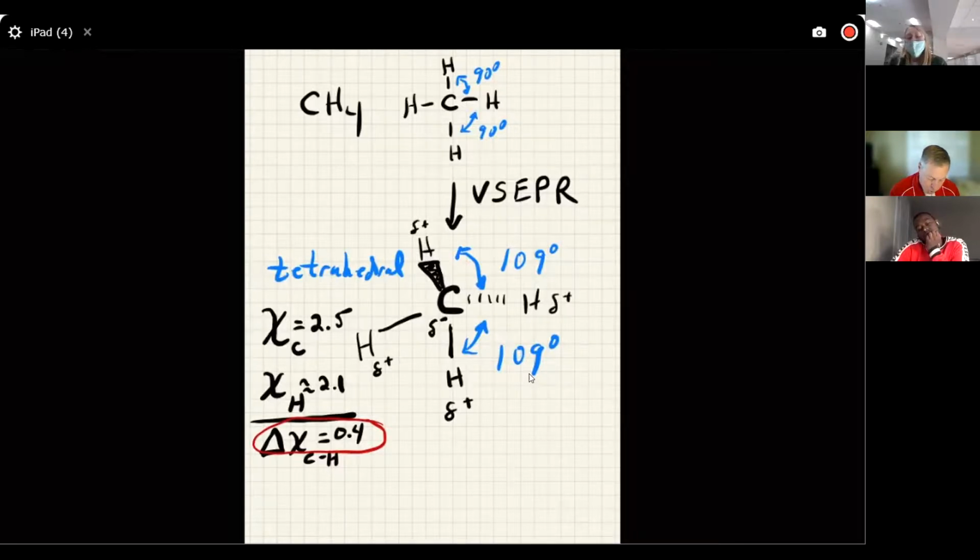This symbol that I just drew, delta minus and delta plus, just means partial, slightly. So the hydrogens are slightly positive in nature, and the carbon is slightly negative in character in the methane molecule. But it's very small. So methane is a gas at room temperature.